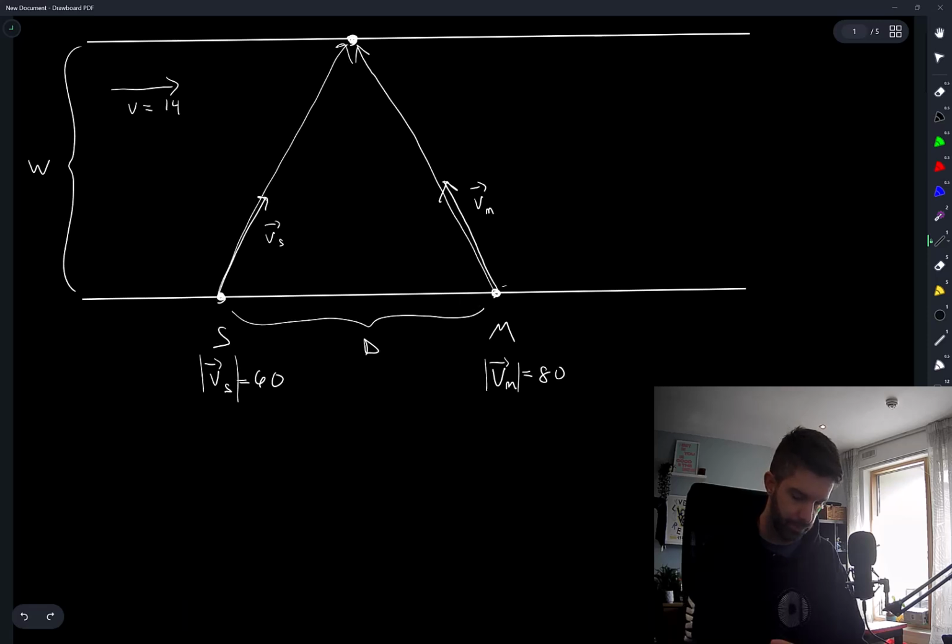Maybe, I'm not totally sure. Let's just try and piece this all together. Well, we can just call it theta, right? They're the same angle.